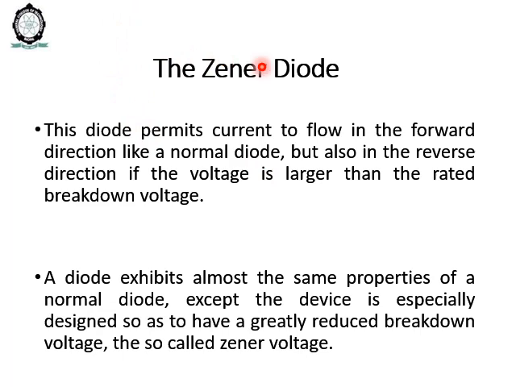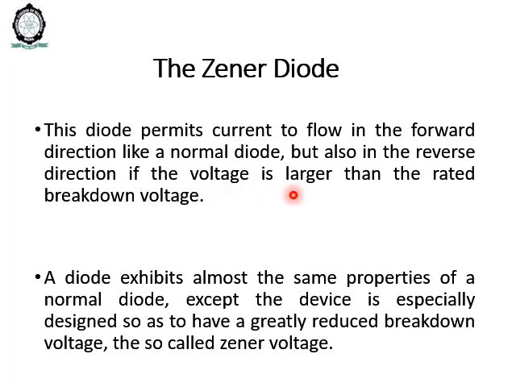What are the other conditions for the Zener diode? This diode permits the current to flow in the forward direction like a normal diode, but also in the reverse direction. We need conduction in both directions, because in the normal diode only forward bias current flows; reverse bias current doesn't flow, because at a high voltage breakdown occurs. But the Zener diode permits current to flow in the forward direction as well as in the reverse direction.